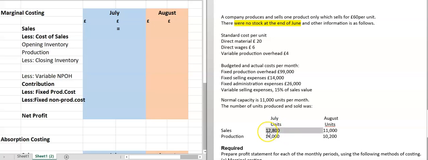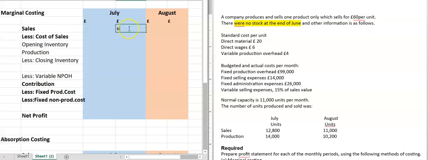You can see here 12,800 units. So the price for each unit is 60 pounds. So you can say 12,800 units in July into 60 pounds. So you get 768,000 pounds as a sales figure.